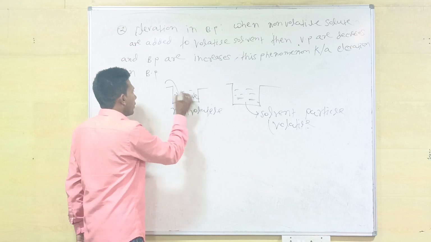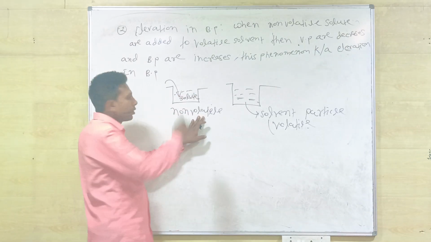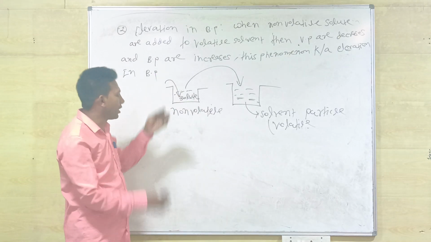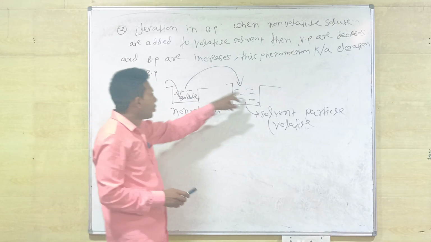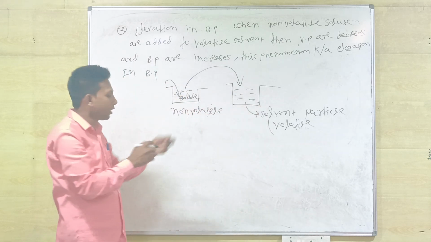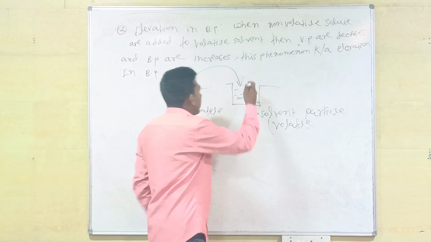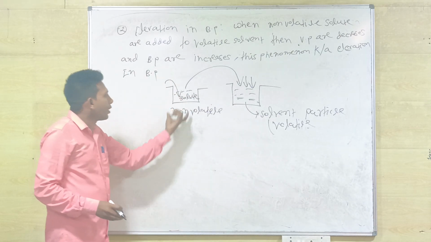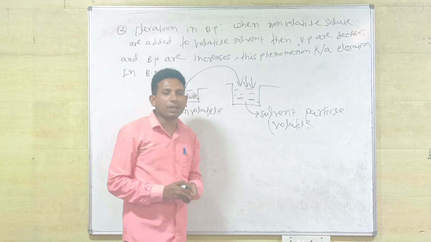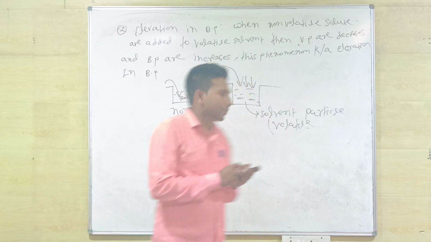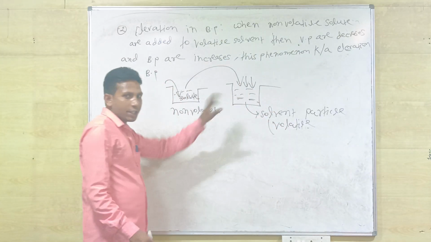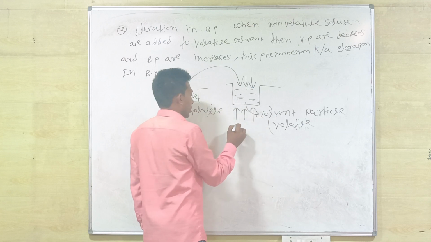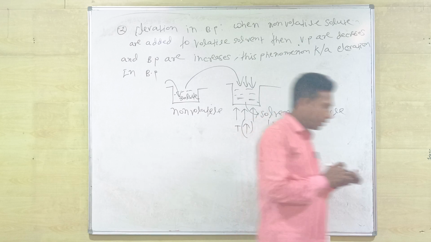On adding this non-volatile solute to the volatile solvent, the vapor pressure will decrease, and to vaporize it again we need some more temperature or heat. So this phenomenon is known as elevation in boiling point.